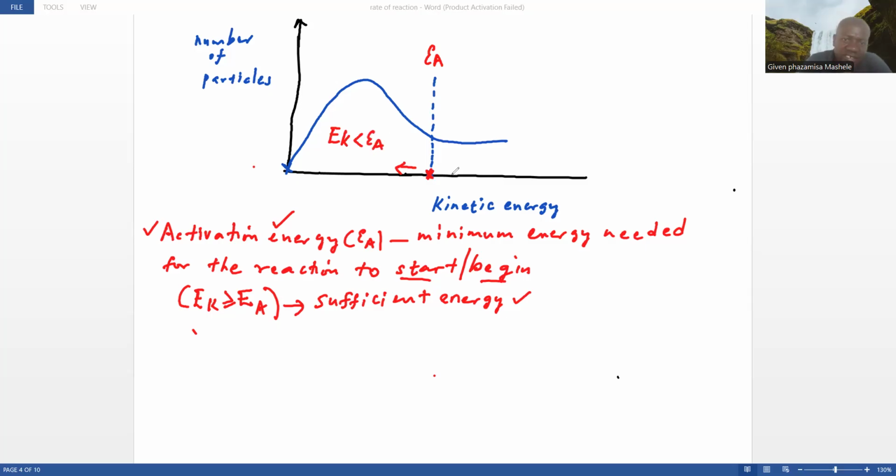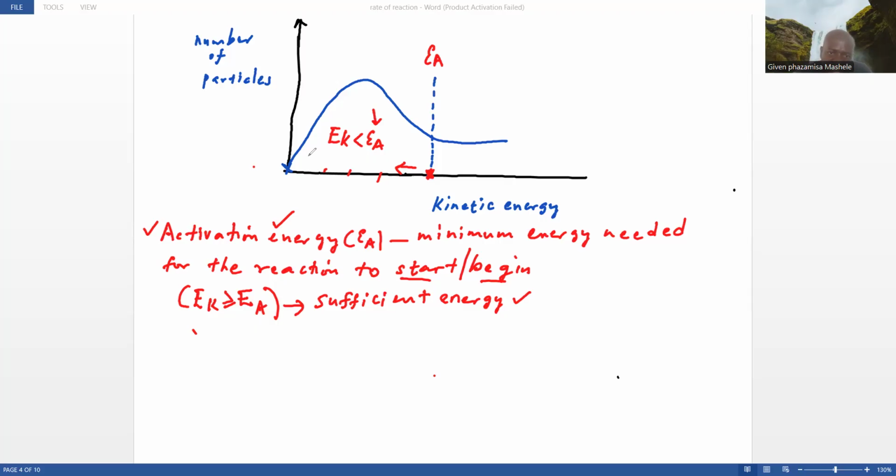We know that for the reaction to begin, this activation energy is required. So any reactants that have an average kinetic energy below the activation energy do not have sufficient kinetic energy.